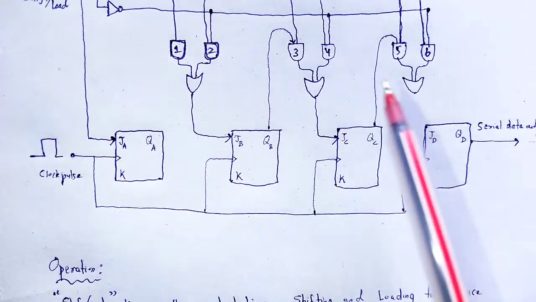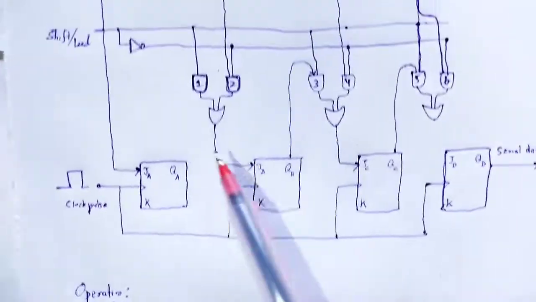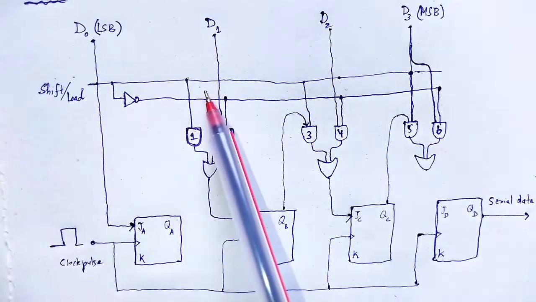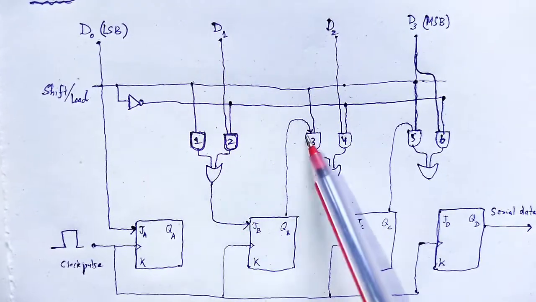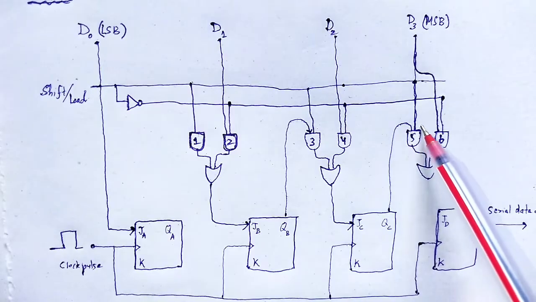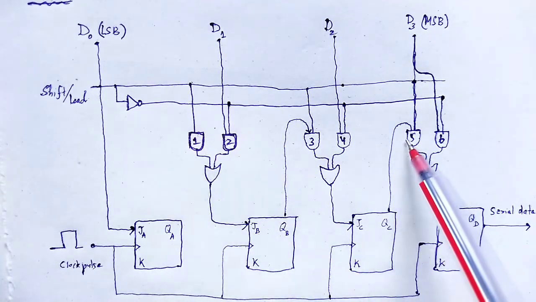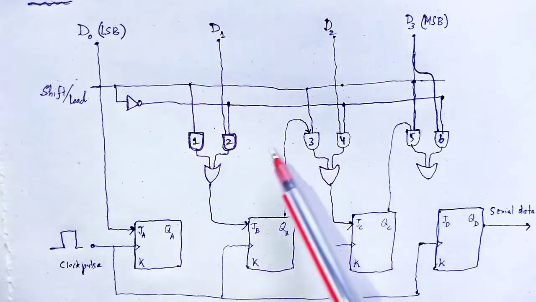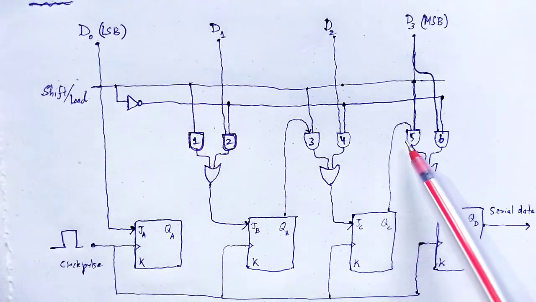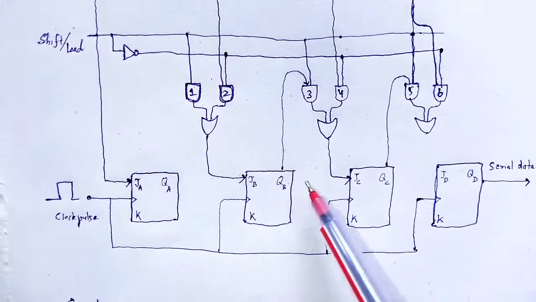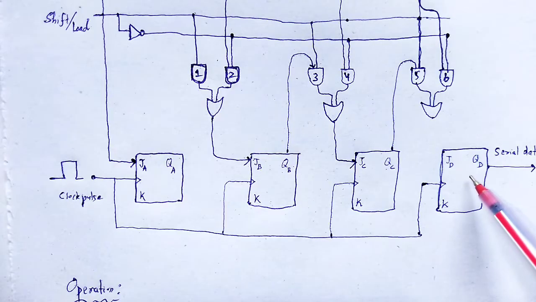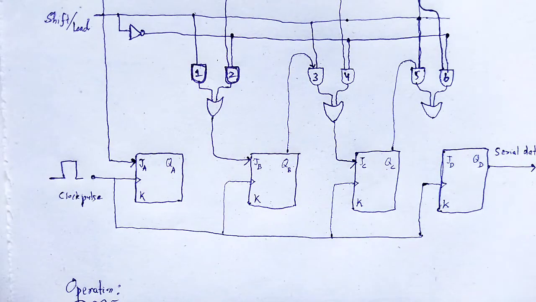When the logic level of the control line is 0, the outputs of the 1, 3 and 5 numbered AND gates are all 0, and the outputs, meaning QA, QB, QC and QD of the flip flops, cannot be transferred to the input terminals of the next flip flop.